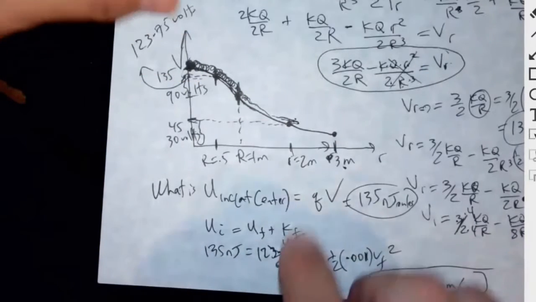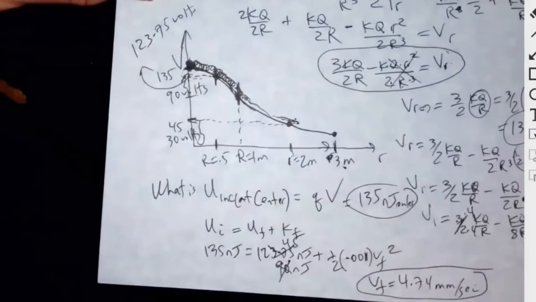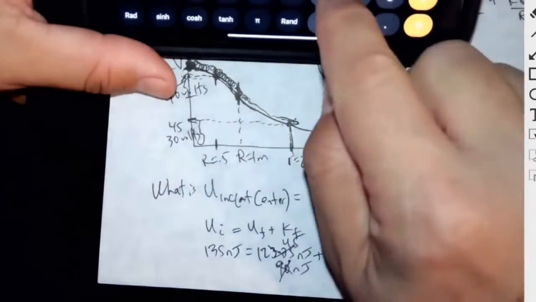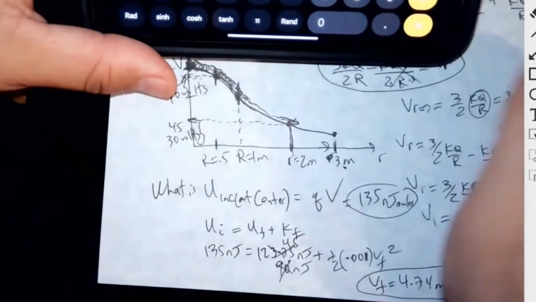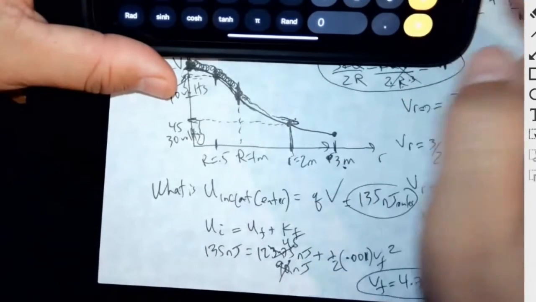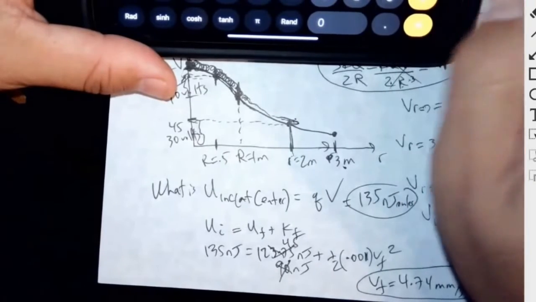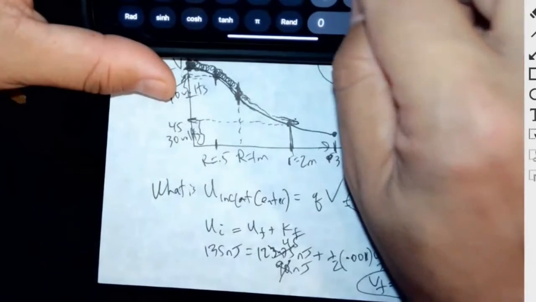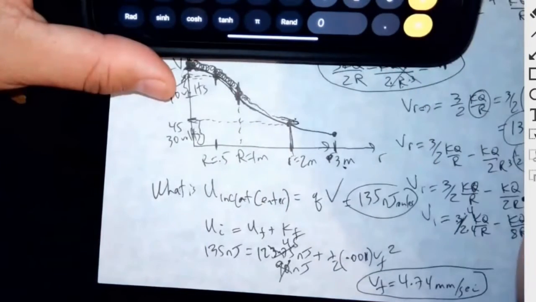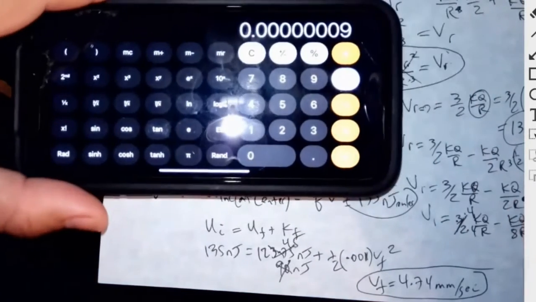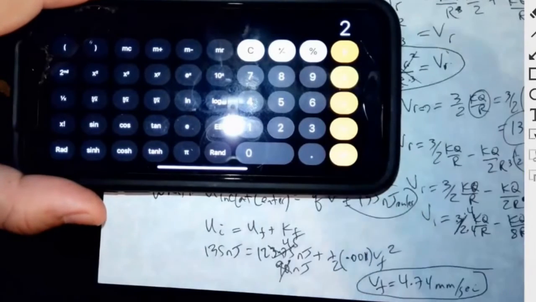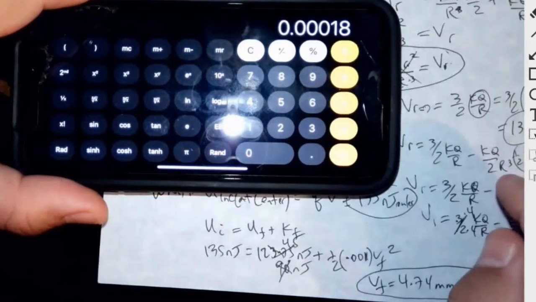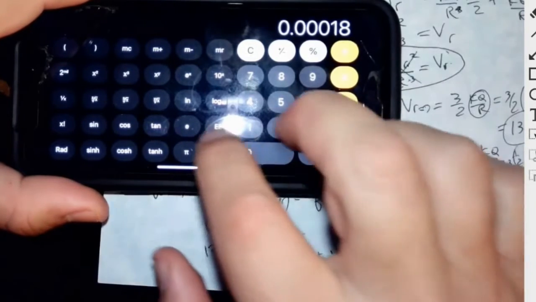So then if I'm going to do the 2, I do 135 minus 45, times 10 to the negative 9, times 2, divided by 0.001, square root.